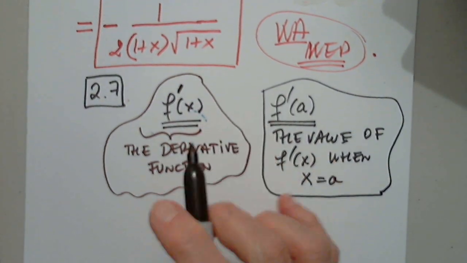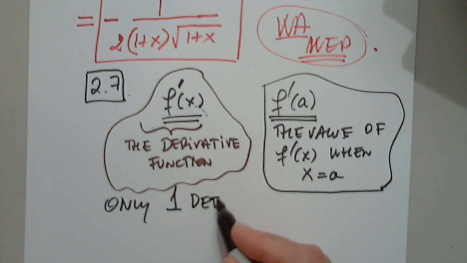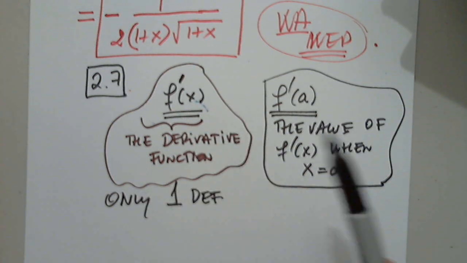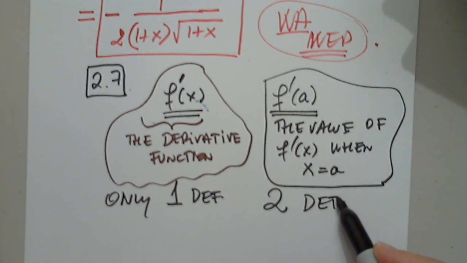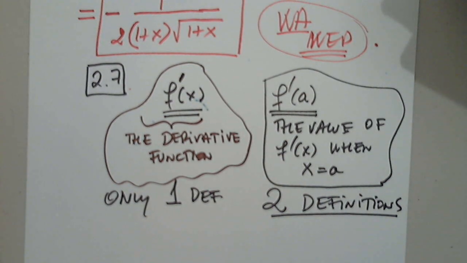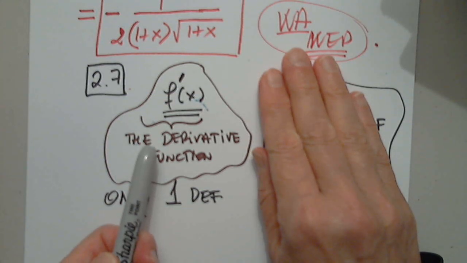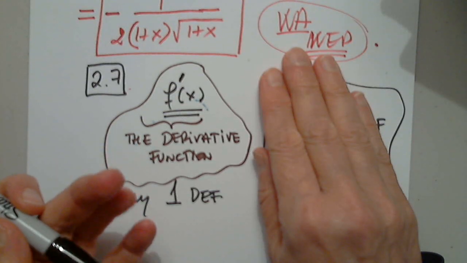For this one, we have only one definition, and we practice it. The limit of the difference quotient. This one has 2 definitions. You can say, why 2 here and 1 here? To be exact, if you don't want to use these, use this, and then plug in a, and you get the answer.